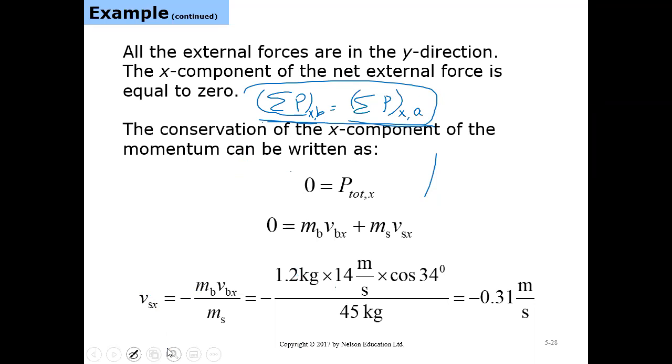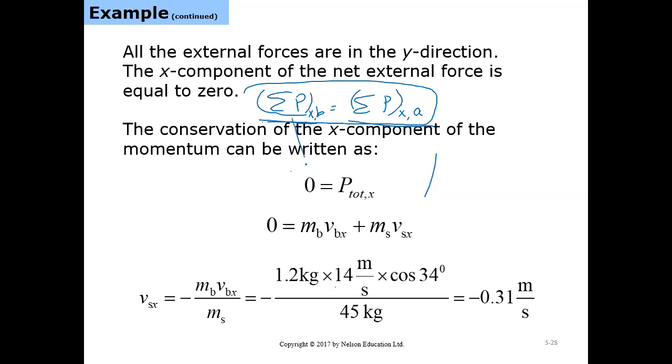Total momentum, not the momentum of any one individually, the collection of all the momentum, but only in the x direction. In the y direction it's not going to be conserved because there's going to be a greater normal force on the skater's foot than the weight, so there'll be a net force in the vertical direction.